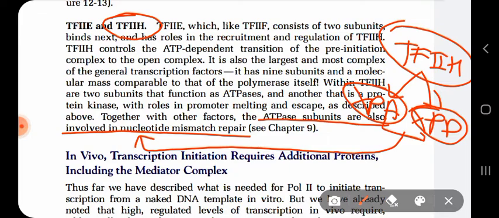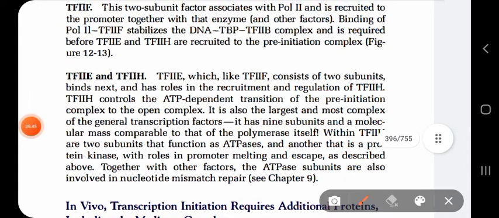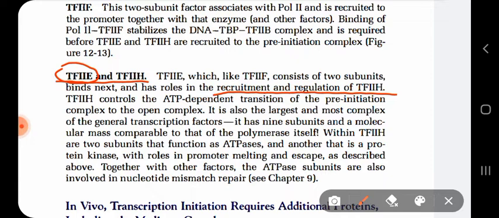So you can see here what I have discussed about TF2E and TF2H. The function of TF2E is only the recruitment of TF2H. That means it only allows the regulation of binding of TF2H. Whereas TF2H has many activities. It has an ATP dependent activity so that it can catalyze the formation of the open complex.